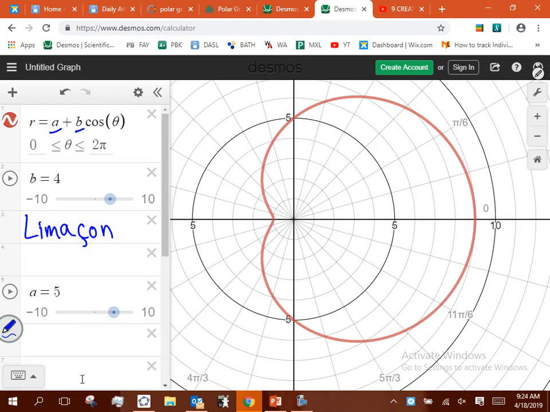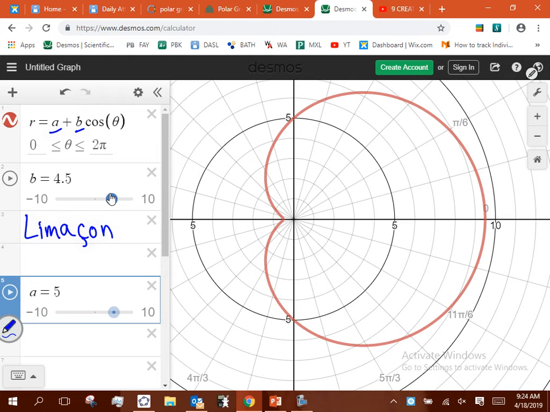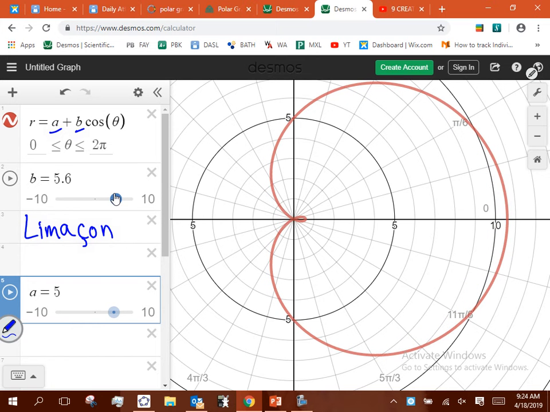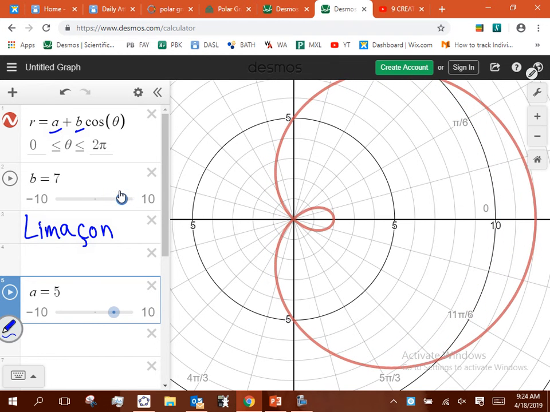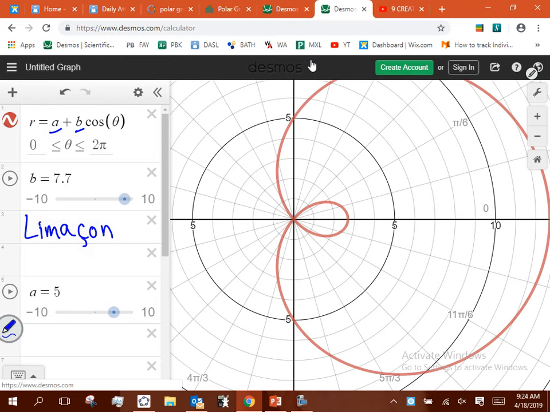As we adjust, this is the nature of this dimple, and what we're going to see here in a moment is directly linked to how A and B work as a ratio to one another. But eventually, that dimple starts to fold in on itself, and we create what we call a loop. And that's where it's important as we start graphing these things.